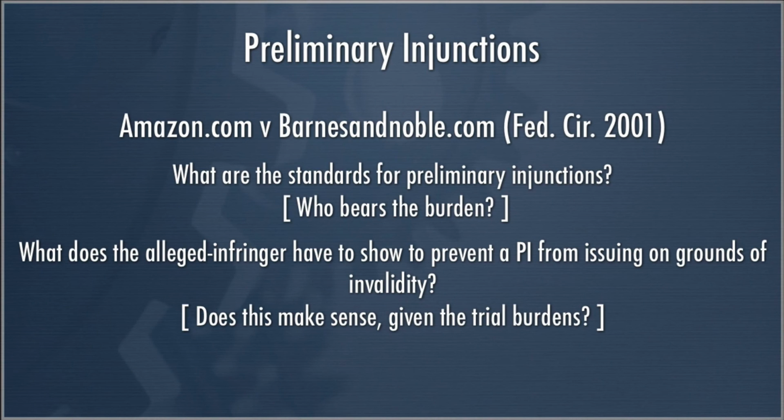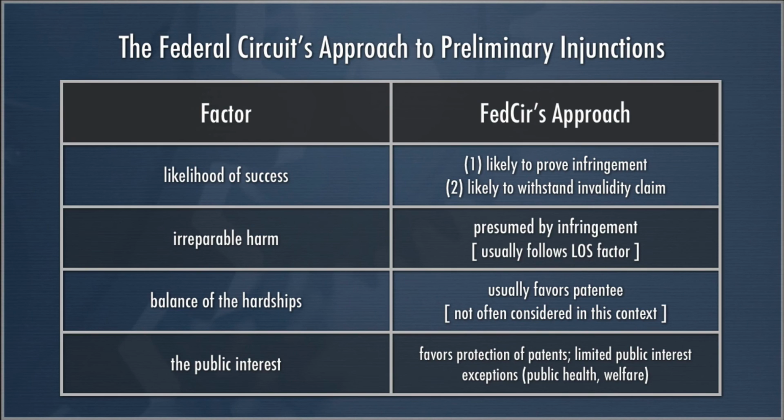So the case I had you look at with respect to preliminary injunctions was Amazon.com versus BarnesandNoble.com. It's a 2001 case from the Federal Circuit. So what are the standards for preliminary injunctions? Well, they're really quite close to the traditional factors, the 4 factors, but because of the procedural context, it's all couched in terms of likelihoods, right?